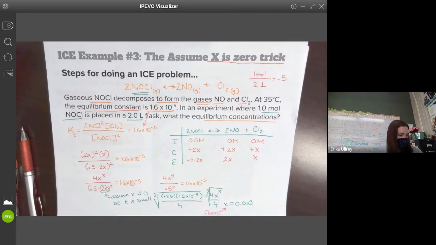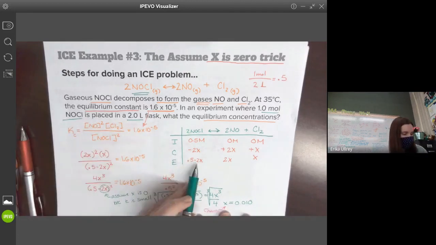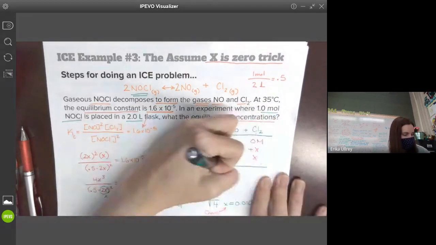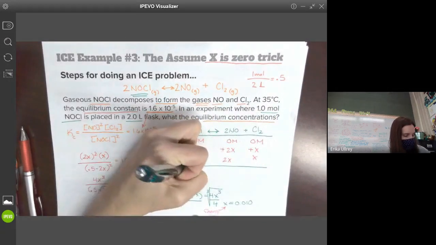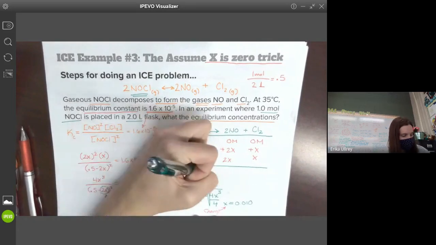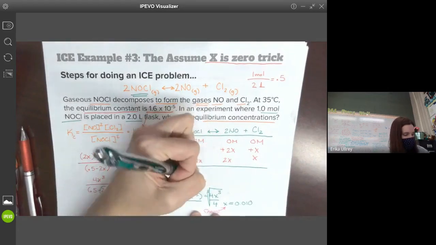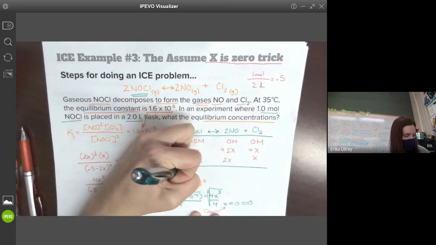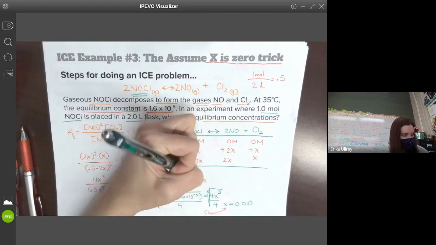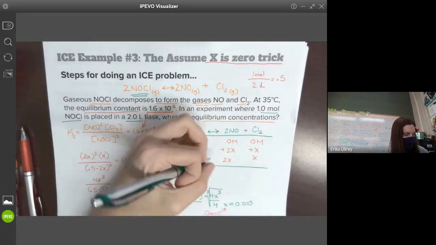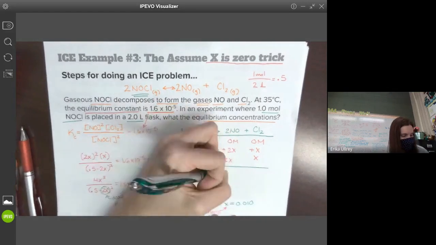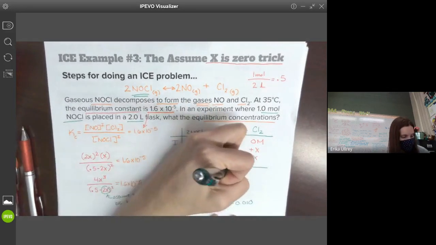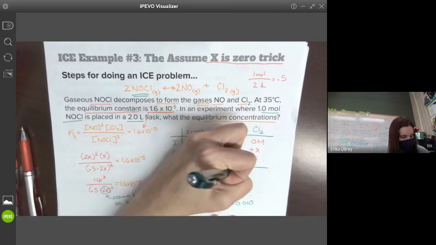Yeah, so now that I have my x, I can plug it into these numbers here, right? So my final answer, 0.5 minus 2 times 0.01. So at this one, we said that this would be approximately 0.5. We've already assumed that, right? And then here, we would take our 2 times our x value, which is 0.010.